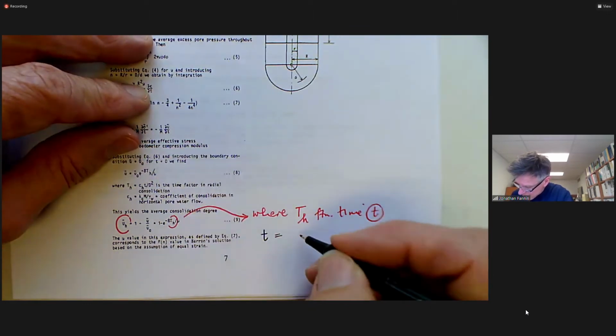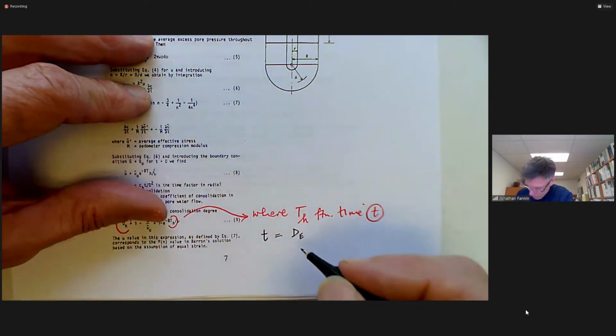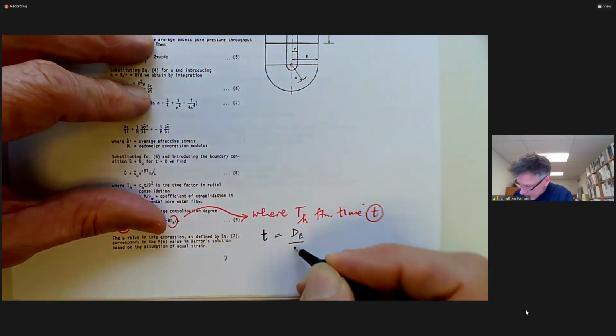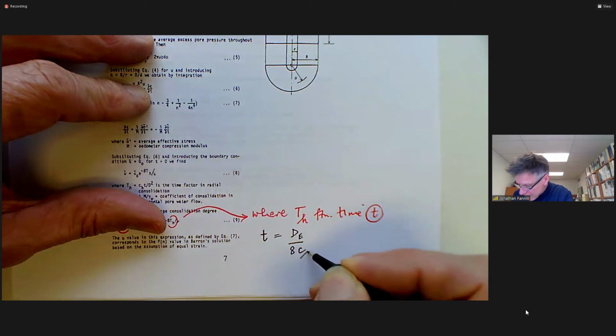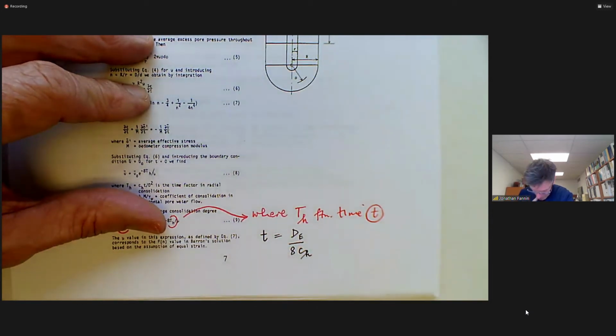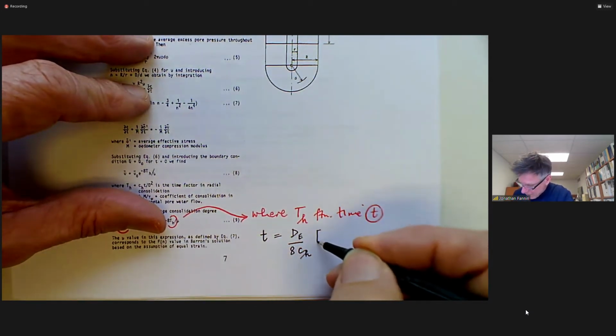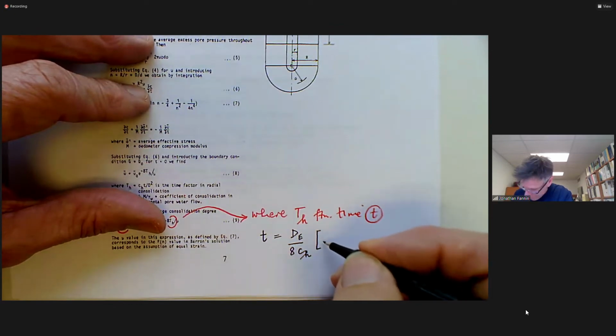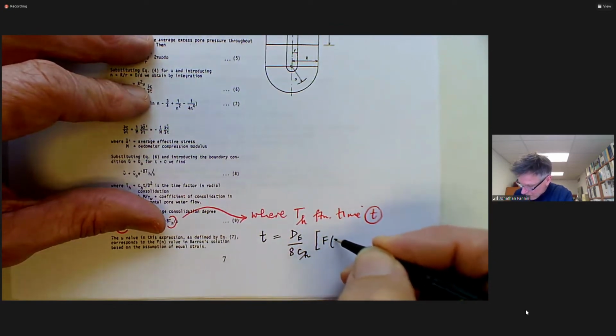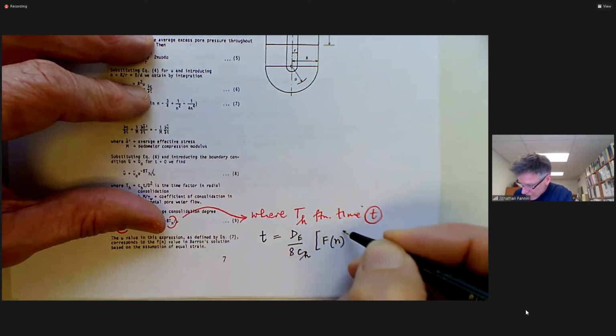Out of this, and we'll see where it's coming from, is equal to the equivalent diameter over 8 times C sub h. We're going to have a mathematical function of a ratio.